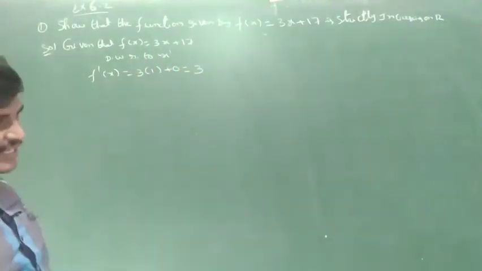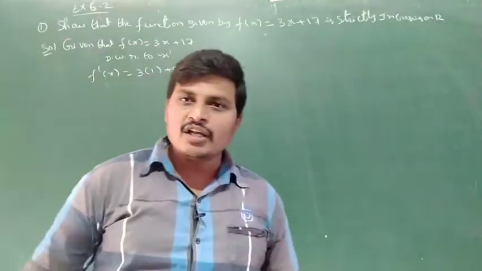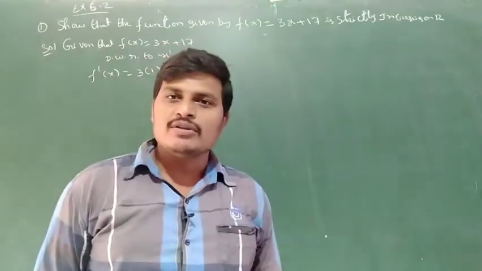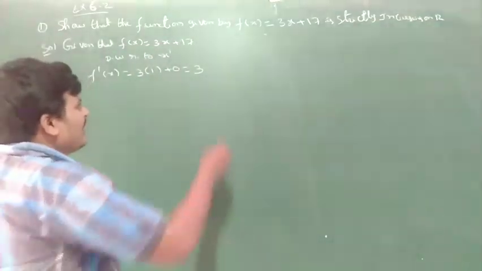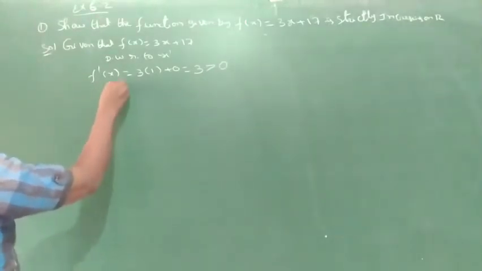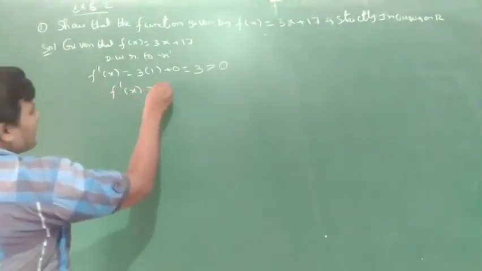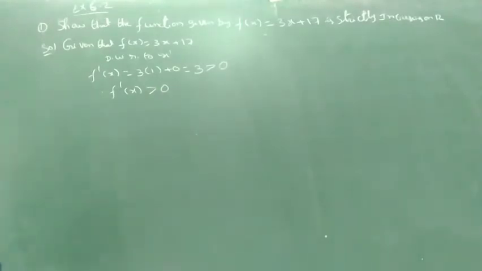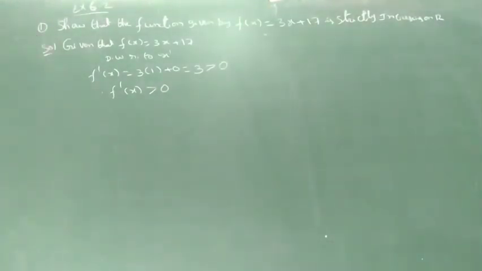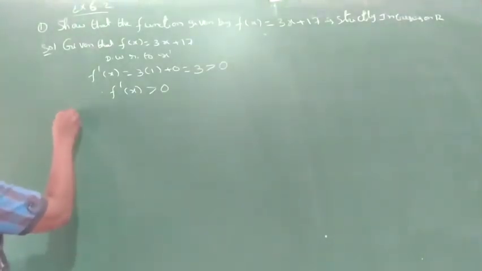Is 3 greater than 0 or greater than or equal to 0? Less than 0 or less than or equal to 0? 3 is exactly greater than 0. Therefore, f dash of x is greater than 0, which means the given function is strictly increasing.